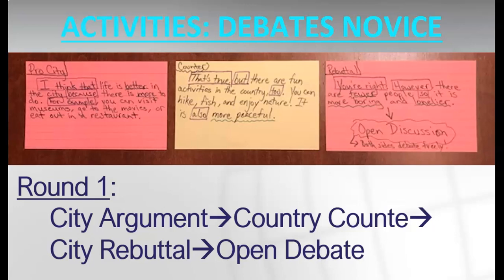And so round 1 of the structured debate, city makes the argument, country gives a counter, city gives a rebuttal, and then it goes to open discussion, at which point the real interactive discussion begins and kids can speak a little bit more freely.